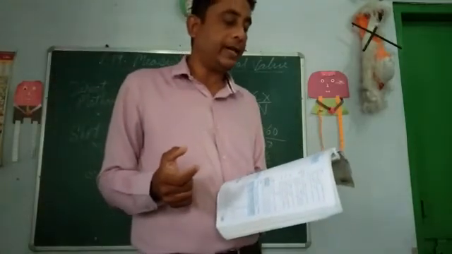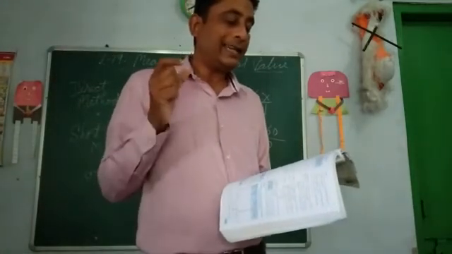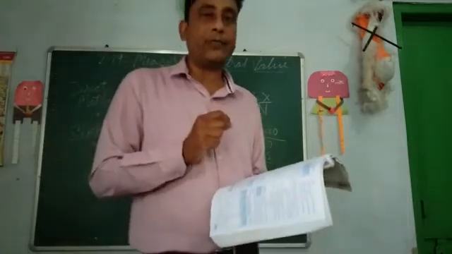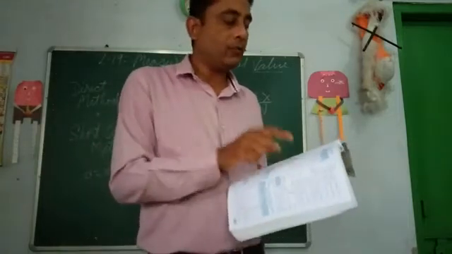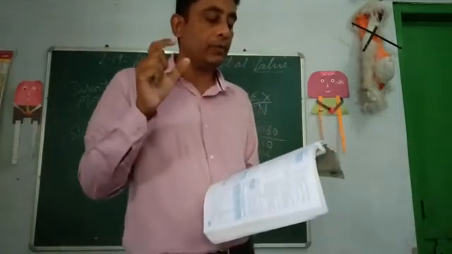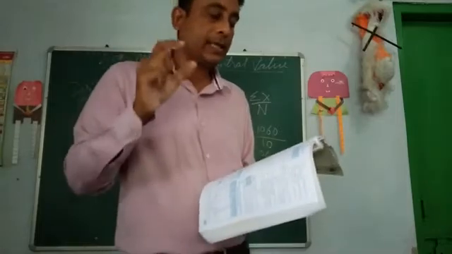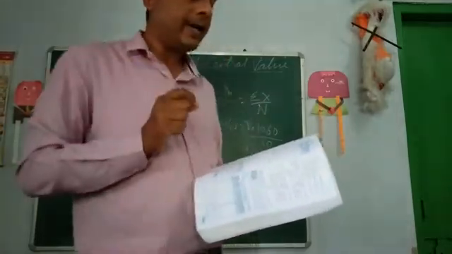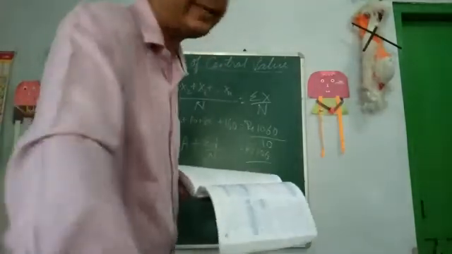Because 10 values are there, we take the sixth value of workers' wages, which is 110. So 110 we have taken as the assumed mean.